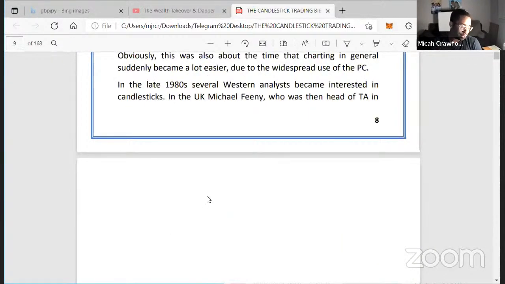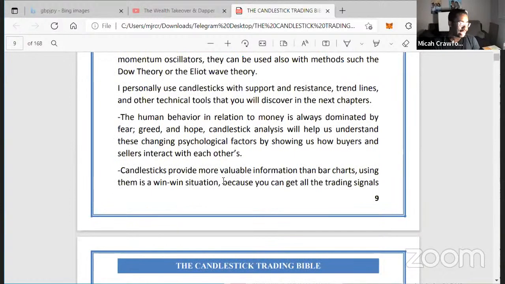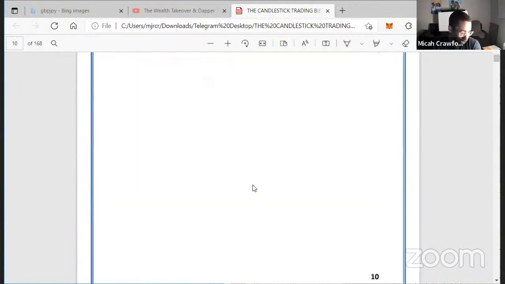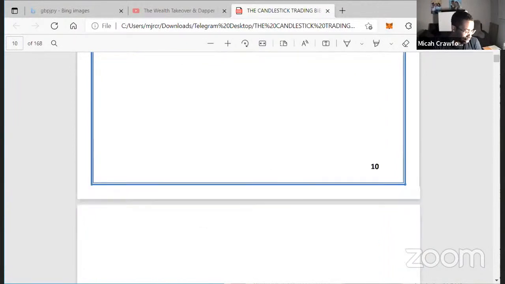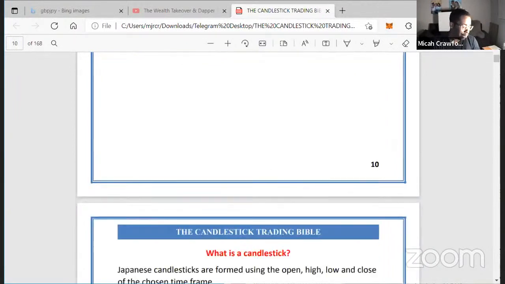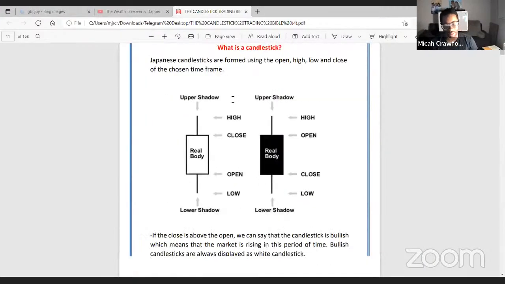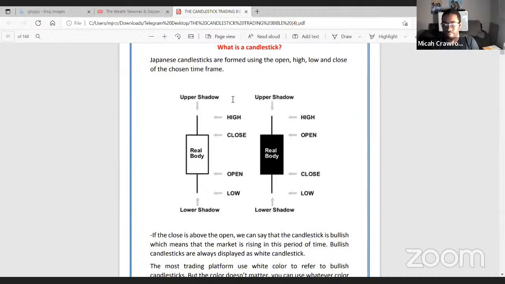But I know Tasha, she does candlestick patterns a little bit more than I do. So I'll let her handle this aspect of the call tonight. But all right, here we go. Page 11. Let me get a reader for what is a candlestick.